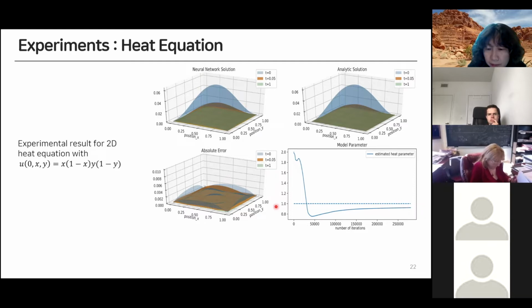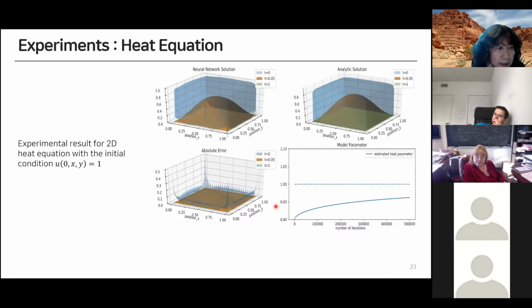So it looks pretty good. And then this is the result, but in this case, the initial data is given discontinuously. Therefore, around the boundary, there is quite a gap here. This is due to the discontinuous initial data.